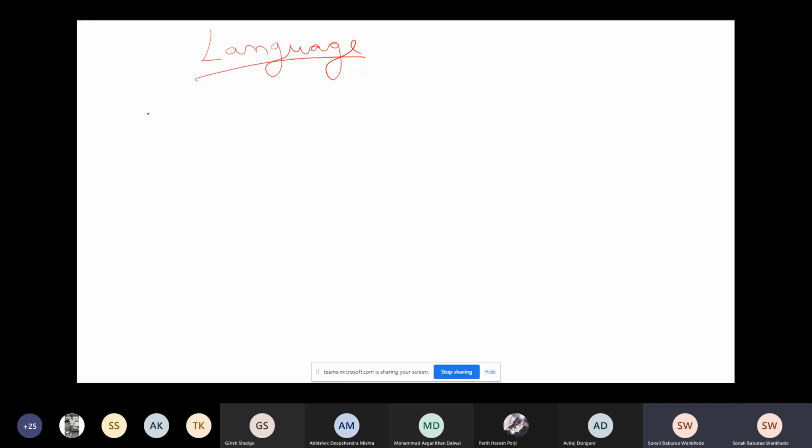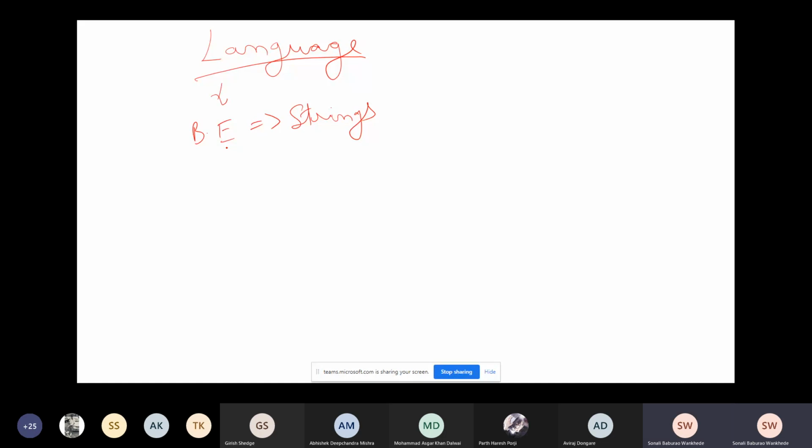In languages, we have strings. A language is composed of strings, and strings are the basic elements of a language. And a language is over an alphabet.